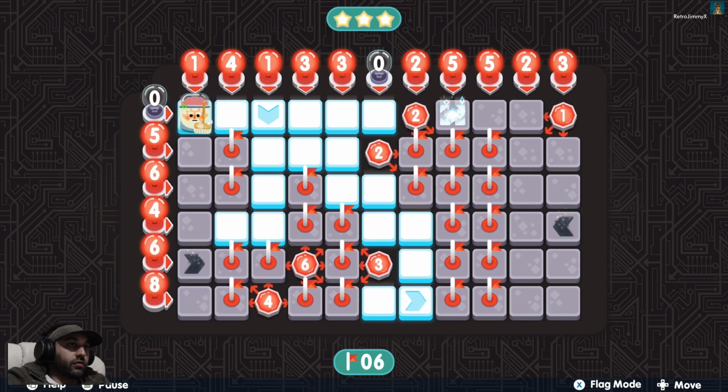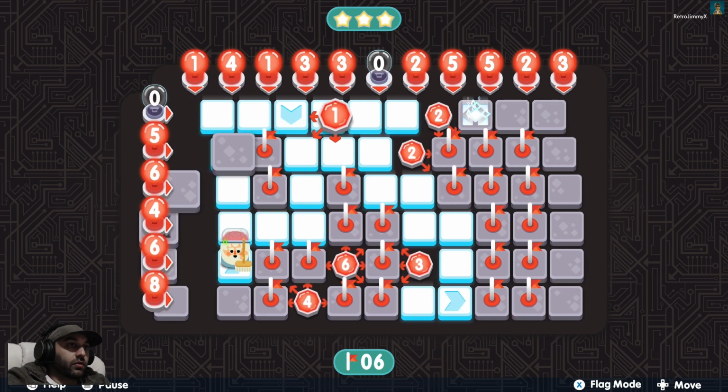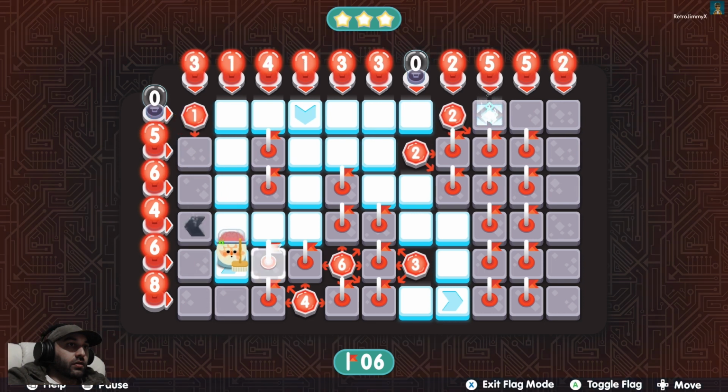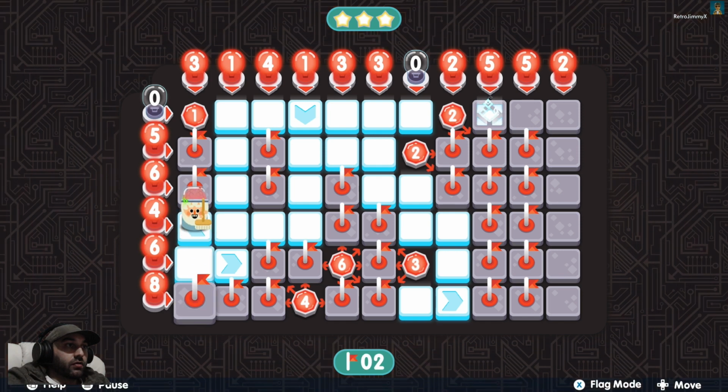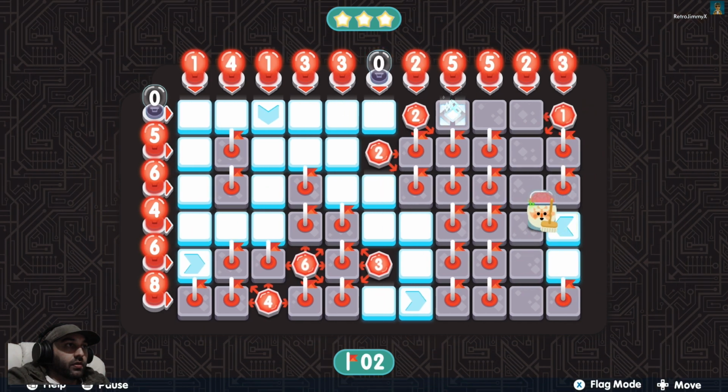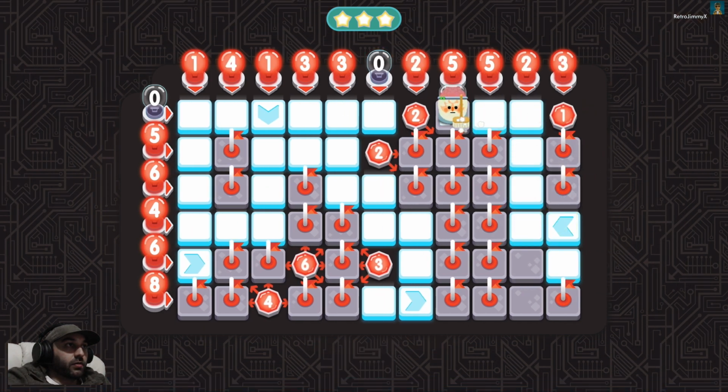There really isn't much in the way of where can I walk. Okay, it is here, so 1. It's only to the left, isn't it? Now there should be 3 mines here. 1, 2, 3. So it's only up. And that's the only path available.